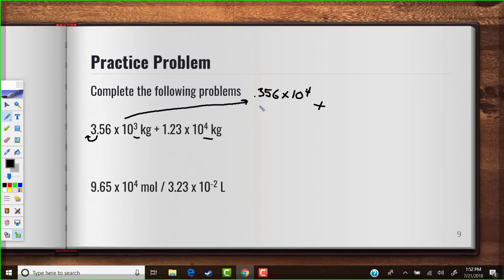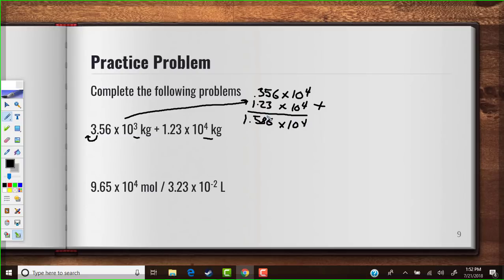And then I'm going to add 1.23 times 10 to the 4th. And I just add those two numbers together. So what I get is times 10 to the 4th, and then I'm going to get 1.586 times 10 to the 4th.